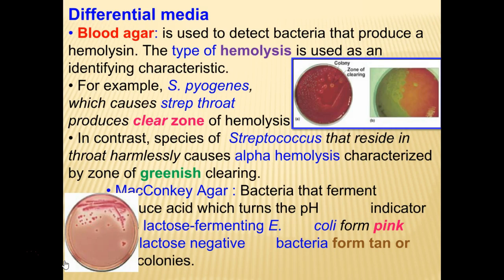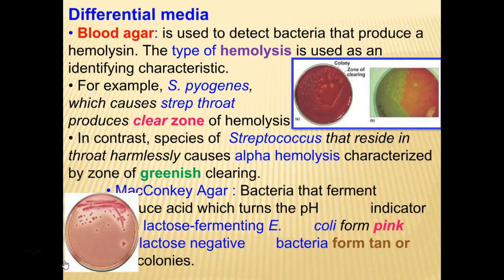That's an example of what Streptococcus pyogenes, which causes strep throat, does. It makes that clear zone, so it makes it really easy for us to visually identify that type of bacteria. So when you have to have that strep test done, that's what they're swabbing for.